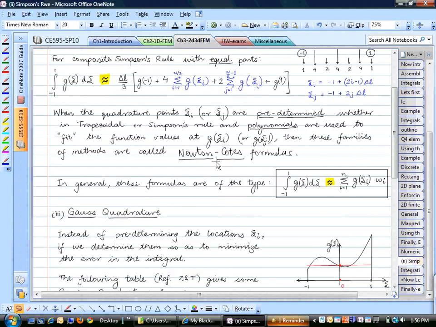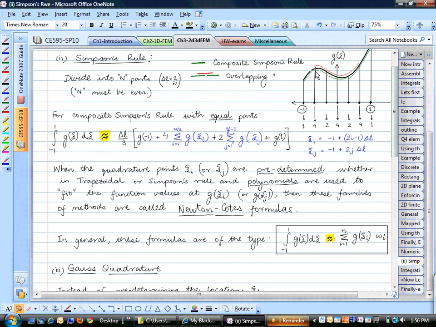In general, all these formulas look like the value of the function at some point times some factor. In this case the factor is 1 times L over 3, this is 4 times L over 3, this is 2 times L over 3, and so on. These are called weights. So all you are doing is calculating the value of the function at some point, multiplying it with some weight, and saying that your integral is approximated like that.